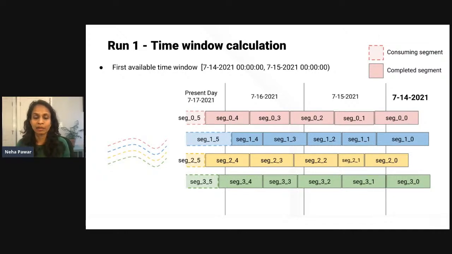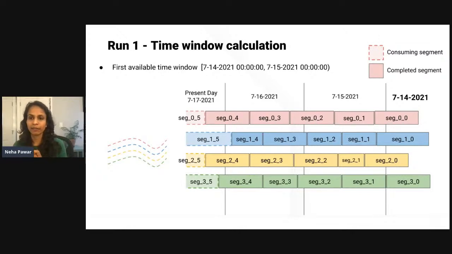Okay, so in the previous slide, we said that Pinot managed flows is going to move the data from the real-time table to the offline table, one window at a time. So one run at a time, and each run is going to be one time window. So our first step is going to be to calculate the time window.